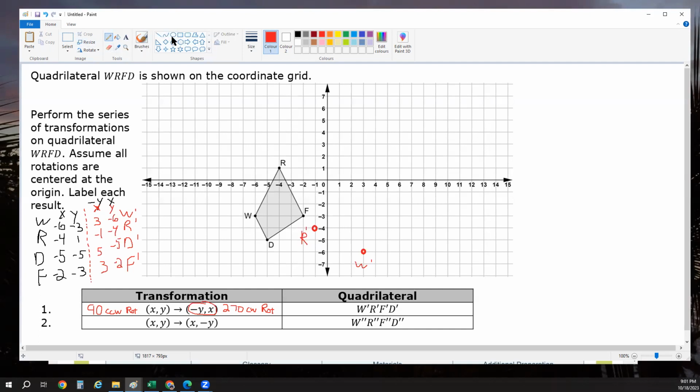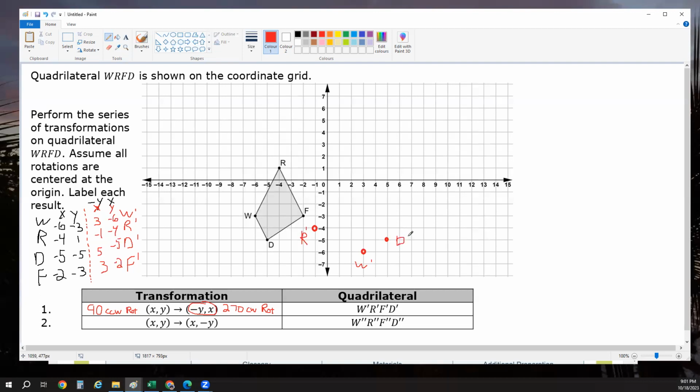And then we have a 5, -5. And what's this one right here? It looks funny for a second, but that's right. That's our D prime.